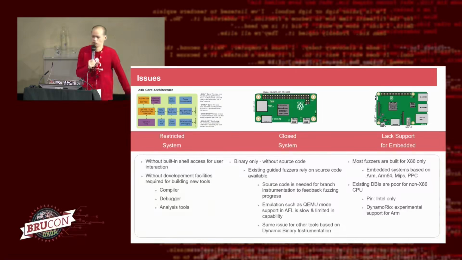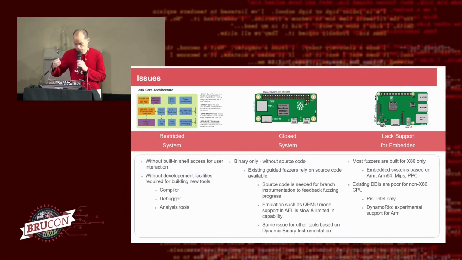And all of them are mostly built for x86. For example, we have PIN, right? PIN from Intel. They support mostly Intel CPUs only. They have very poor support for ARM, and there's nothing for ARM64, MIPS, or PowerPC. The other very popular framework is DynamoRIO. It only supports Intel, with very poor support for ARM and nothing for other CPUs.